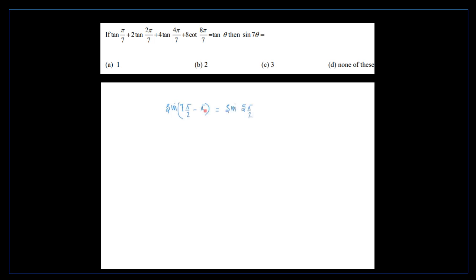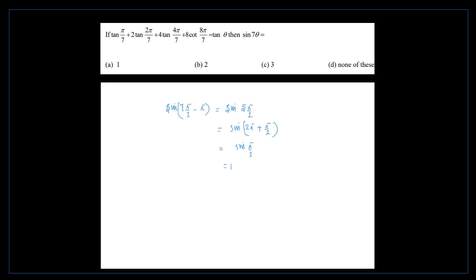It is 7 pi by 2 minus pi, so you can take the same denominator 2. So 7 pi minus 2 pi is 5 pi, so it is sine 5 pi by 2. Sine 5 pi by 2 can be written as sine of 2 pi plus pi by 2. Now we know sine of 2 pi plus theta is sine theta. So it is sine pi by 2, which is 1.